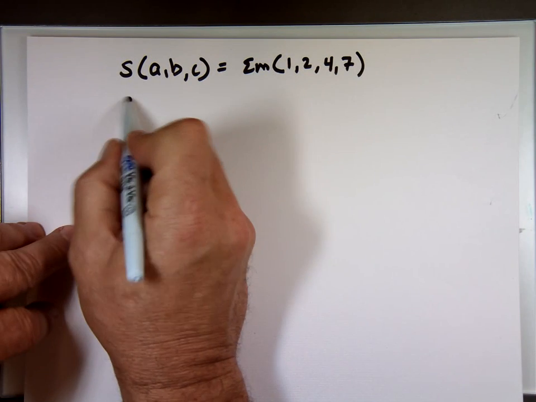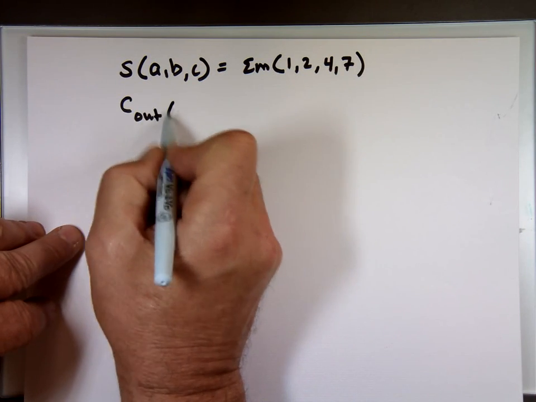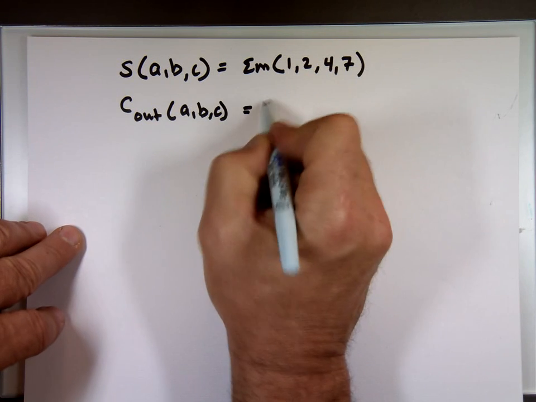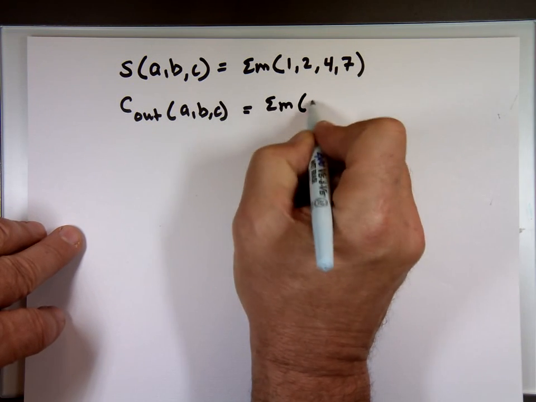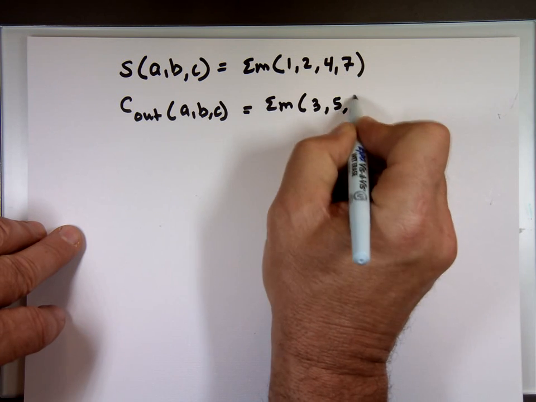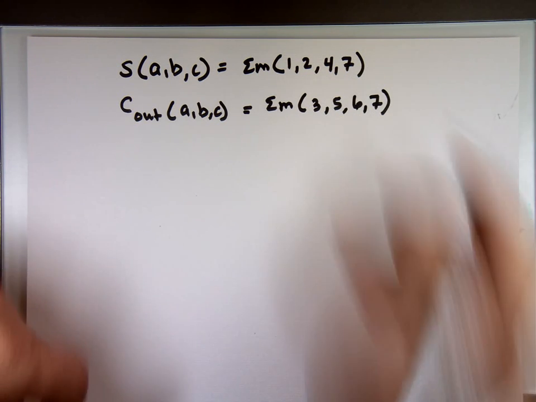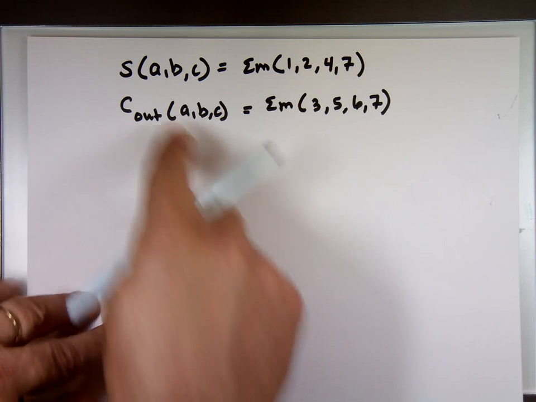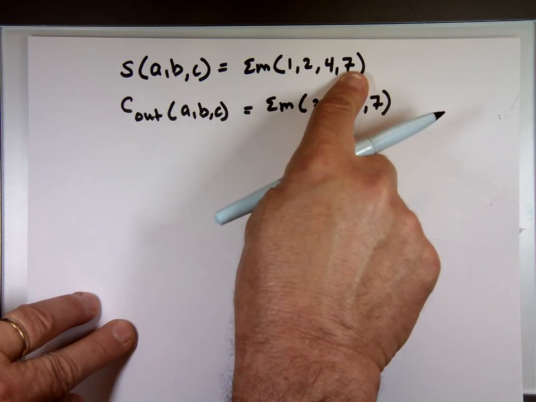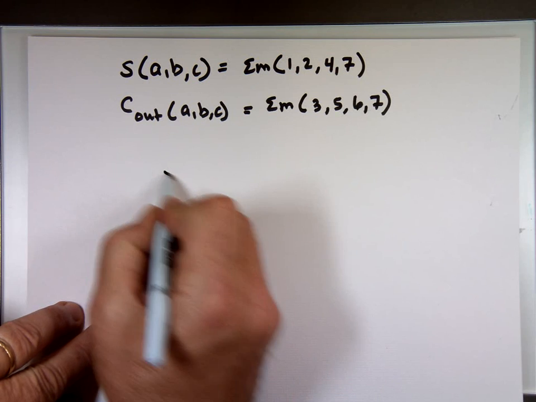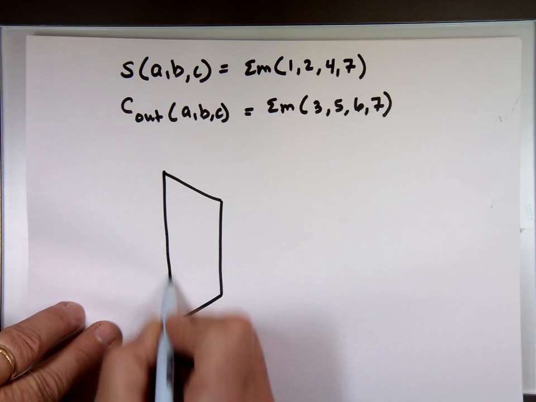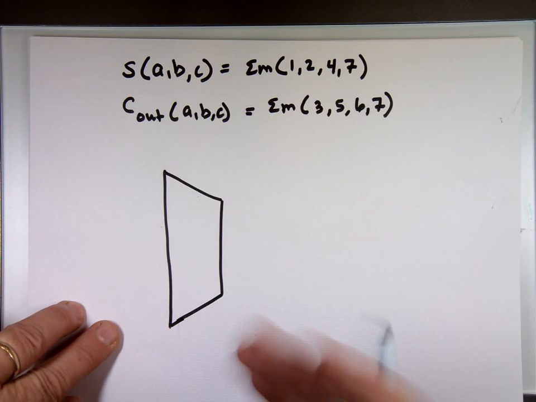And the carry out of A, B, and C is what? 3, 5, 6, and 7. This is an 8 by 1, that's an 8 by 1. I need 1 for each one of these. You can only have one output, so if you have more than one output, that's why you need 2 of them. A mux has only one output. You can't use it for both of these.